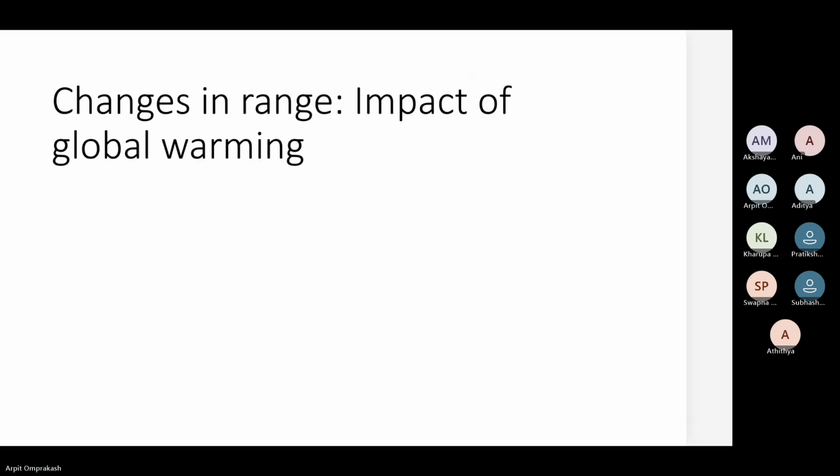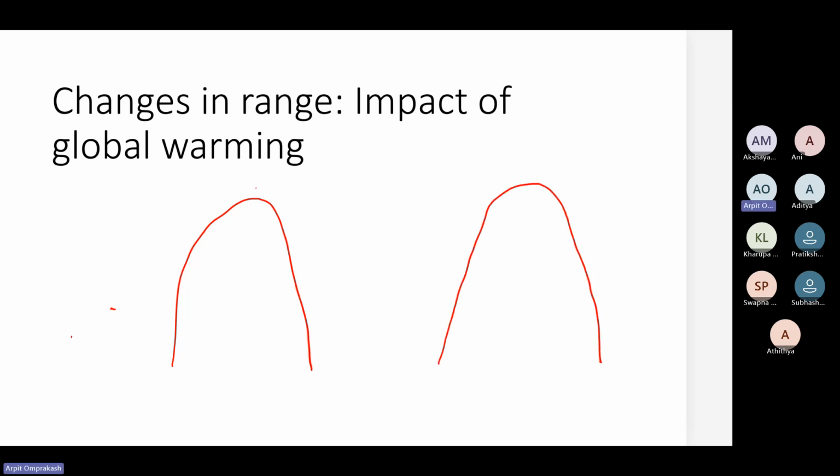Due to global warming, what is happening nowadays is, let's say we have a mountain. This is a mountain that we had in, let's say, the 2000s, and this is the mountain that we will have in 2100.